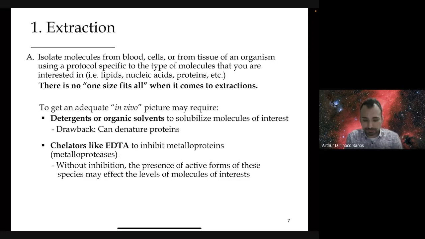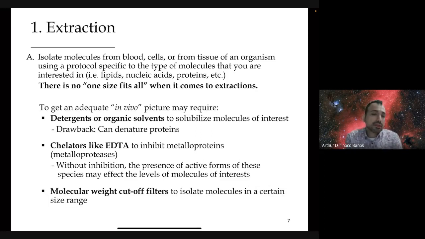All right, so without inhibition, the presence of active forms of these species may affect the levels of molecules of interest. And then considering the size of what you're trying to extract, the family of molecules, molecular weight cutoff filters are often used to isolate molecules in a certain size range.